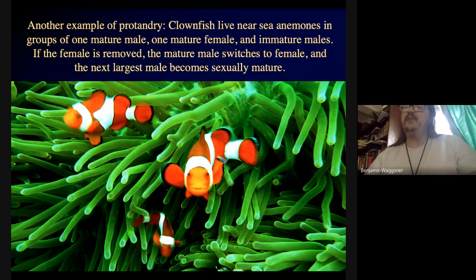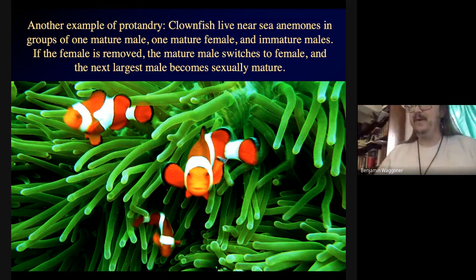Baby clownfish leave their sea anemones and try to find others. So the immature males are not related to the mature couple. If the female is removed, the mature male will change sex to female, and the next largest male will become sexually mature. And this is the beef that I have with Finding Nemo.